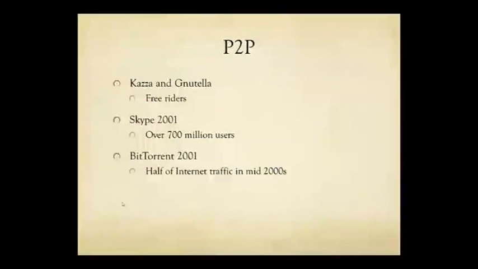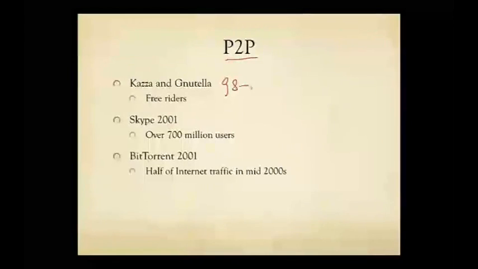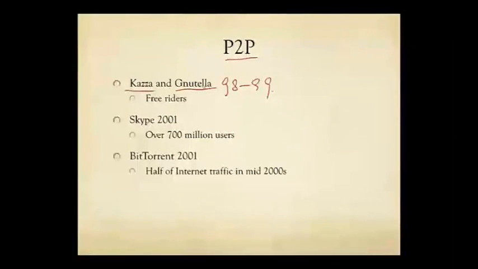Now P2P is a technology that's been developing for more than 14 years. Back in the late 90s, around 98 to 99, Kazaa and Nutella were provided, and they became very, very popular around 1999 to 2001.